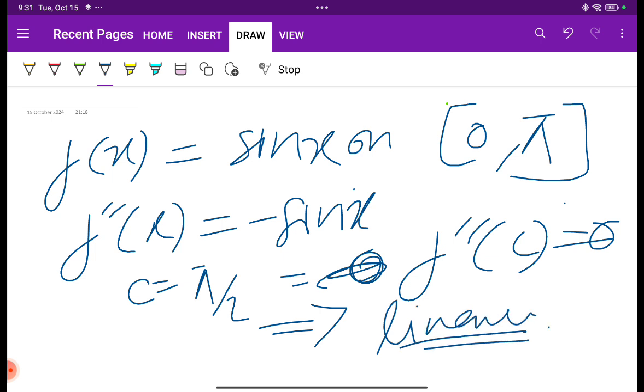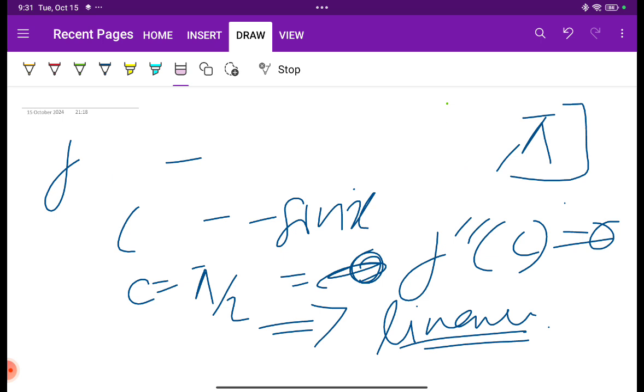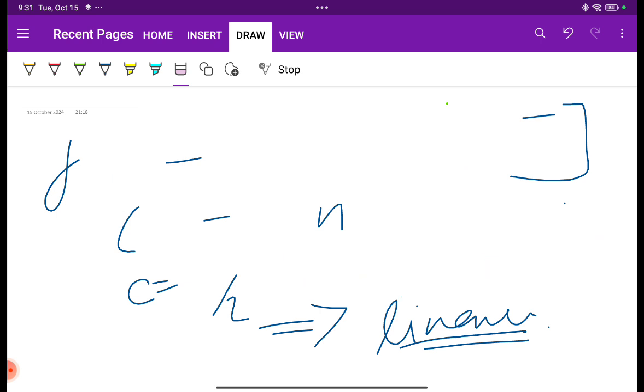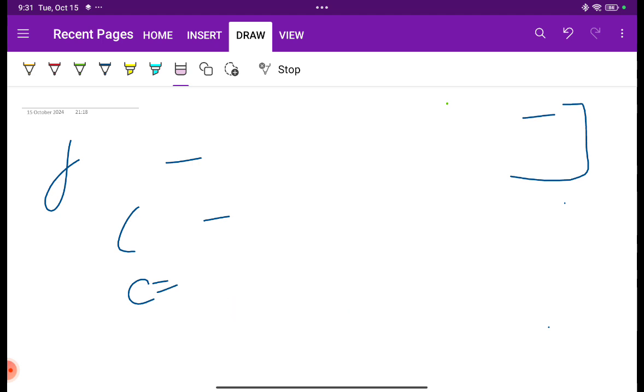Therefore, this is the mean value theorem, or we can say Lagrange's mean value theorem. Lagrange is the scientist who made a big contribution in finding this mean value theorem.